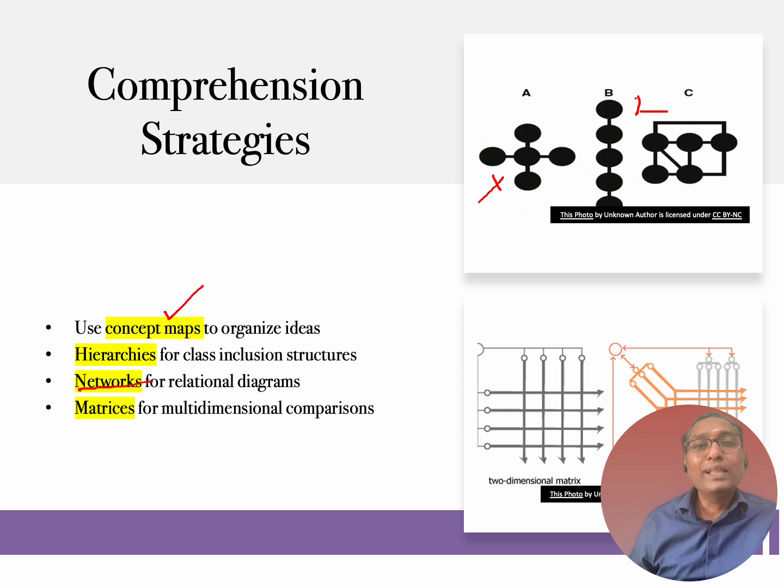And if there are multiple levels where the concepts are connected, you can use matrices or multidimensional matrices, where you compare multiple things on some criteria and multiple criteria. I would strongly suggest you review these things from this chapter of the assigned book, because these are really good strategies to improve your comprehension.